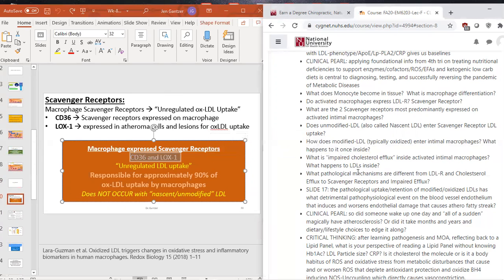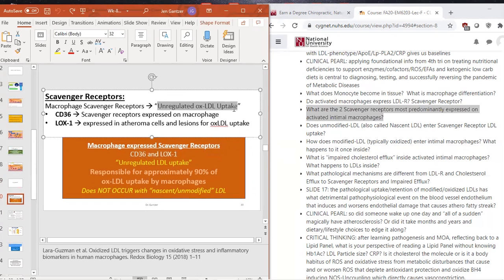CD36 and your LOX1. So a scavenger receptor that gets expressed on the activated intima macrophages, which become your foam cells. There's more, but these are the two primary ones, CD36 and LOX1.